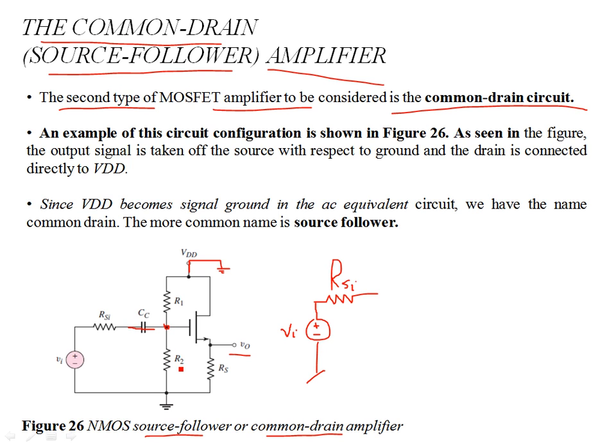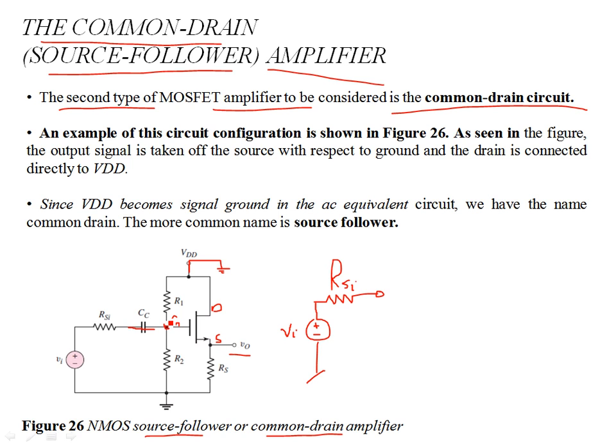For the AC equivalent circuit, VDD is set to 0, so one terminal of R1 is at the gate and the other node is grounded. This R1 comes in parallel with R2 because they share the same common node at the gate. This is the gate, then this is the drain, which is signal ground, and then we have the source from where we are taking the output.